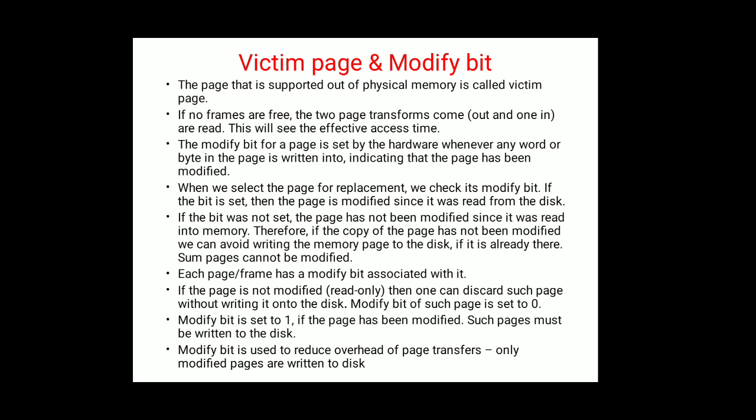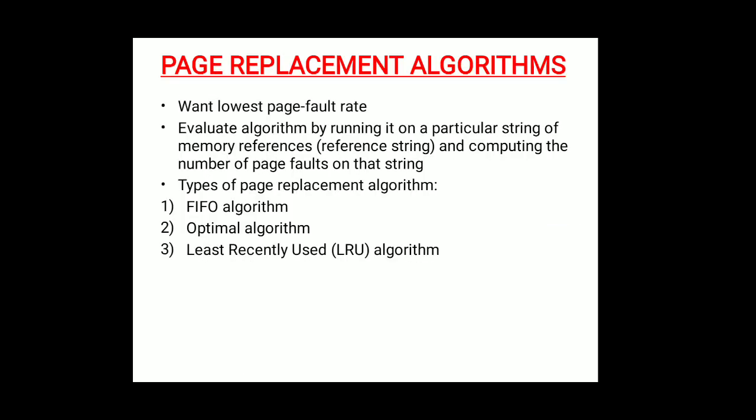But if the modify bit is set to 0, then the page has not been modified. That is the meaning of setting the modify bit to 1 and 0. So this was about the victim page and the modify bit.